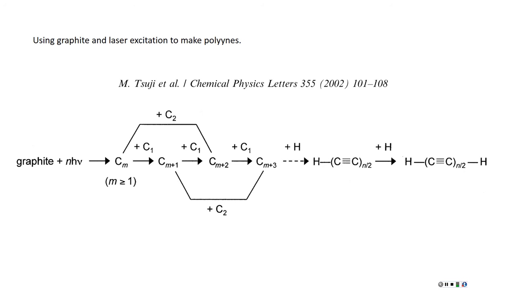Graphite plus a couple of photons, nhν, to give you Cm, where m is greater than or equal to 1, plus another C, and you keep building these up, and eventually add terminal hydrogens, and you get some sort of polyyne chain of alkynes. It's a ridiculously simple experimental procedure. Take graphite, put it in front of a laser, wait, and this happens.